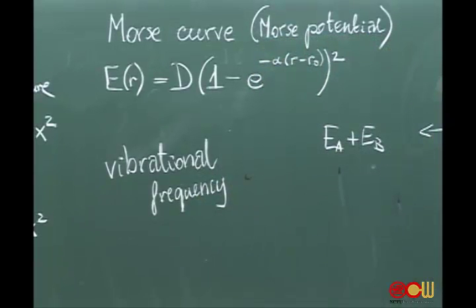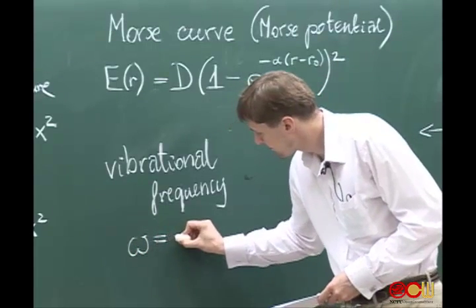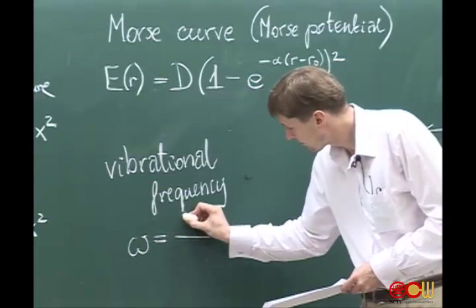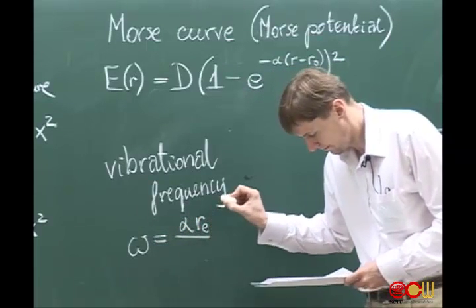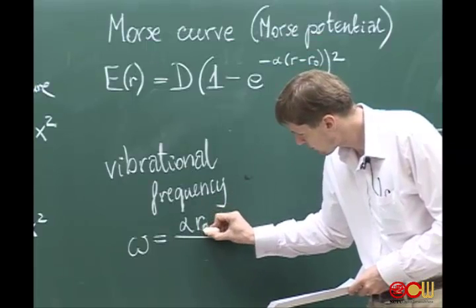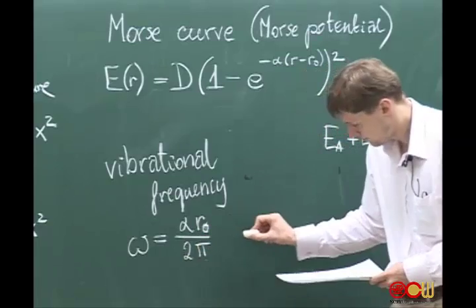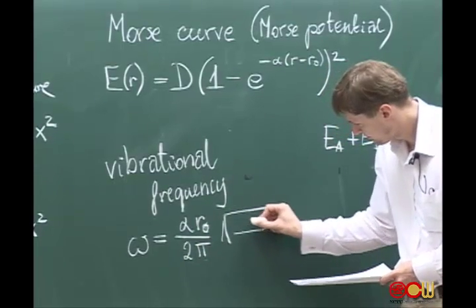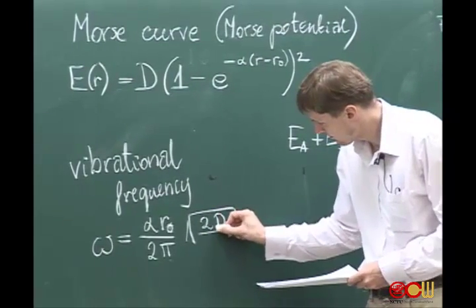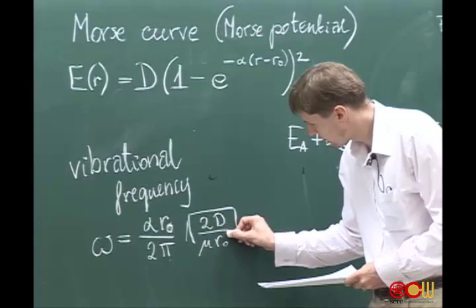And this vibrational frequency is defined by omega_0 equals 1 over 2 pi times the square root of 2 D over mu r0 squared.